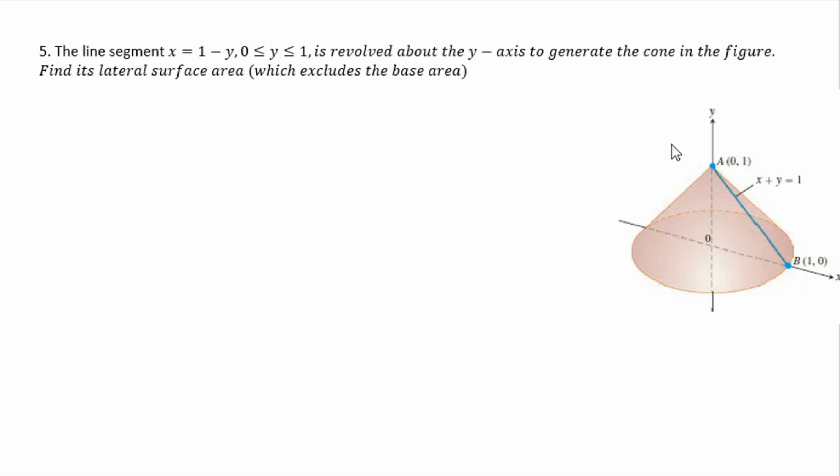Okay, so let us recall the formula for lateral surface area. I will just use the acronym, the initials of lateral surface area. So I will write here LSA, which stands for lateral surface area, which is equal to the base circumference over 2 times the slant height.